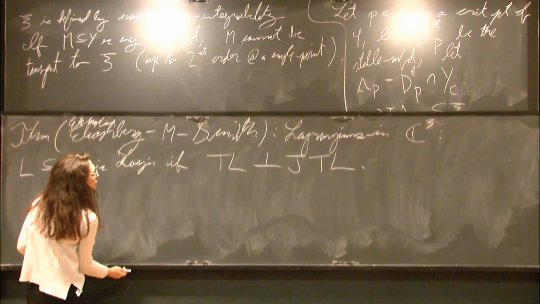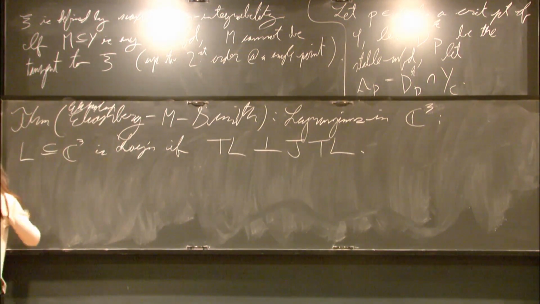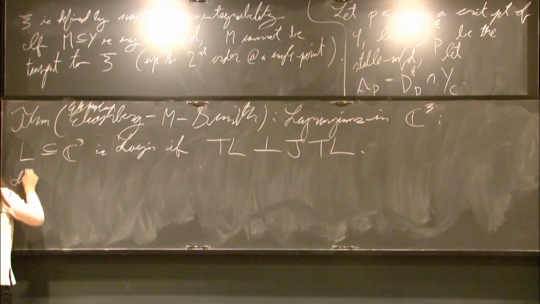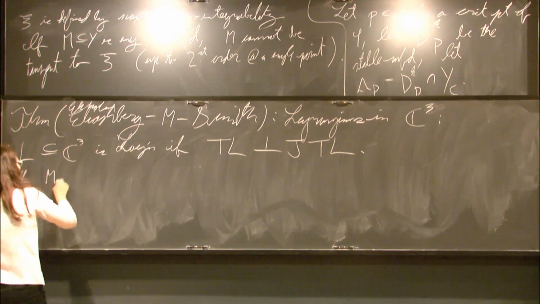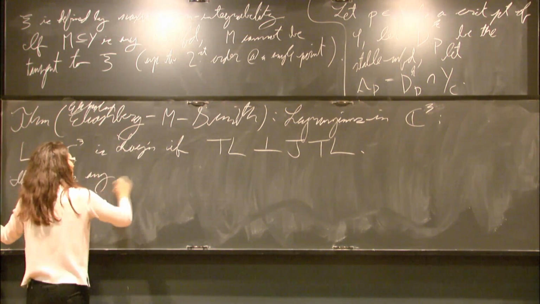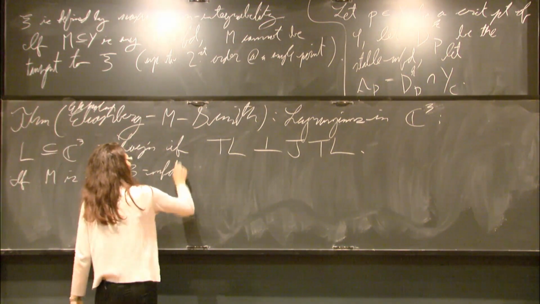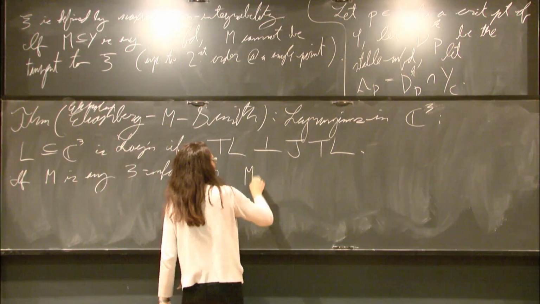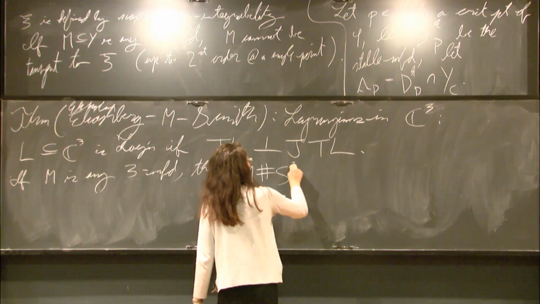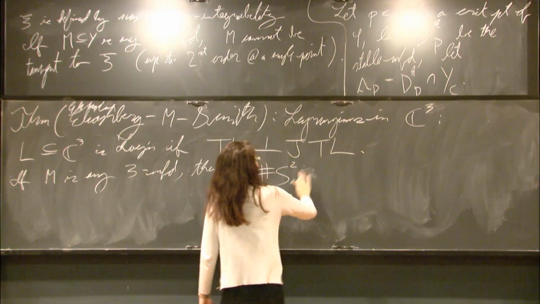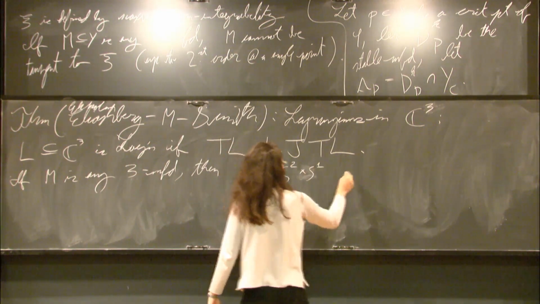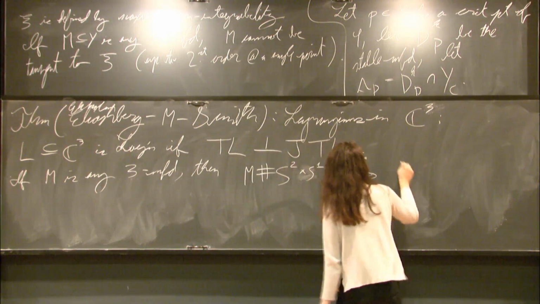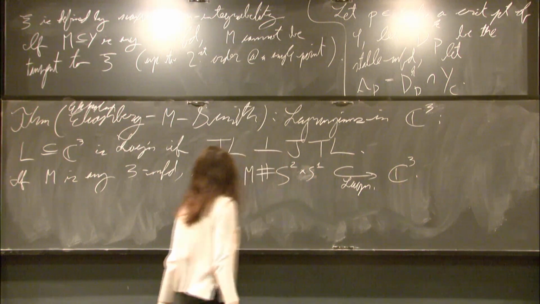So what we show, the theorem, is that if M is any three-manifold, then M connected sum a single copy of S^2 × S^1 embeds as a Lagrangian into C^3.